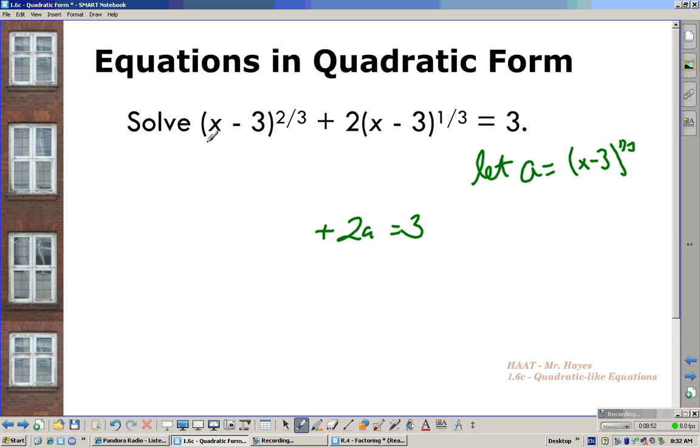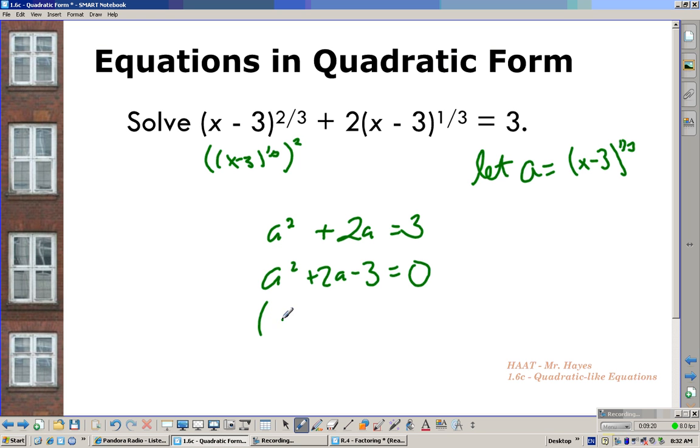That equals 3. And this over here, remember, this is essentially (x - 3)^(1/3) squared. So that's going to be turned into a squared. You have to move everything to one side, so you set it equal to 0: a^2 + 2a - 3 = 0.